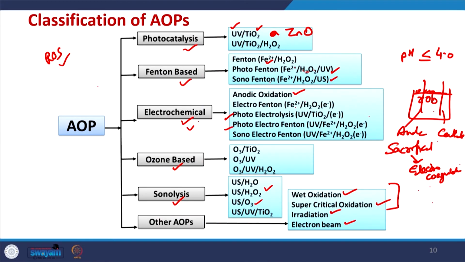This sonolysis can work very well with the electrochemical treatment techniques, because the passivation of electrode which happens during the treatment of water does not occur if we are using ultrasound along with the electrochemical technique. So, we can combine many of the AOPs together, thinking in a similar manner.